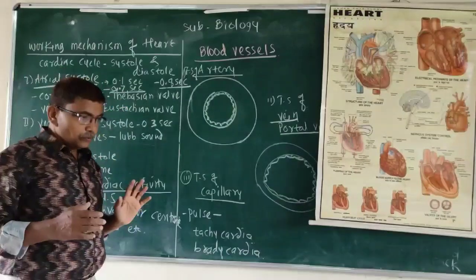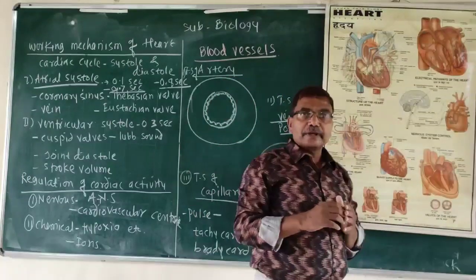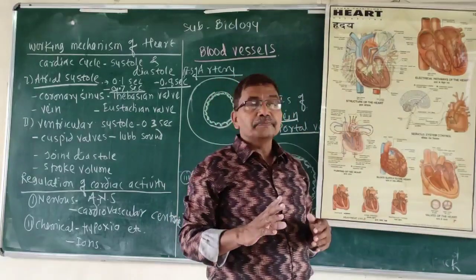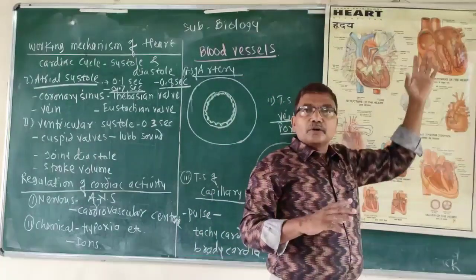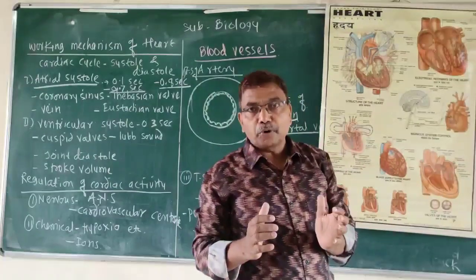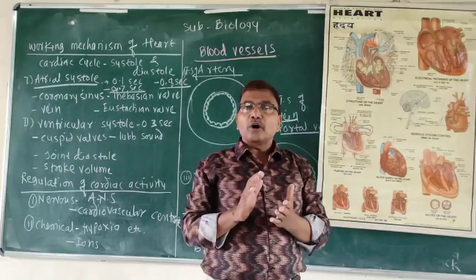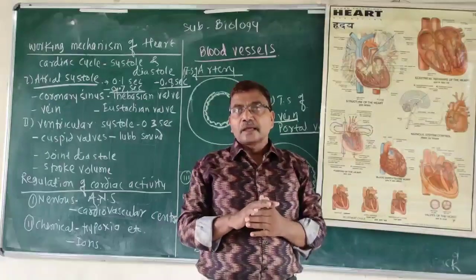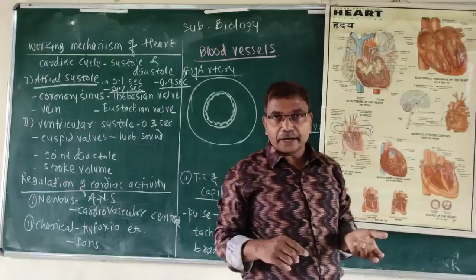First, the atrial systole. Atrial systole means contraction. How does this take place? The atrium is a blood receiving chamber, which is thin walled. When blood is poured into these atria and there is complete filling of the atrial chamber, pressure is created on the wall of the atria, due to which a nodal tissue is stimulated.